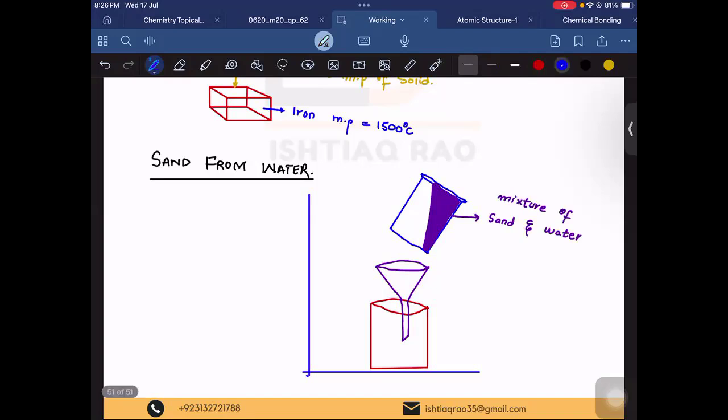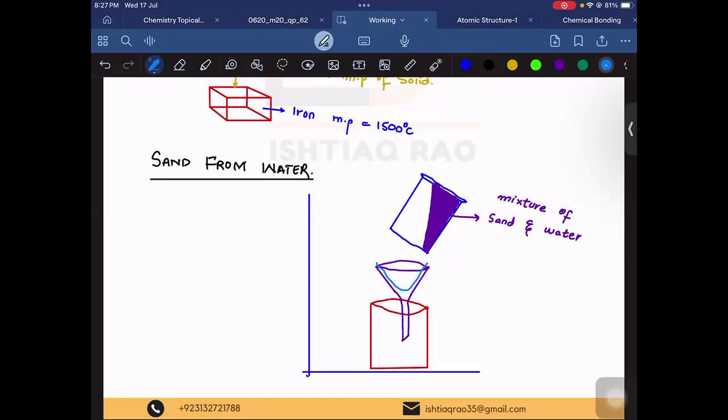Then I'm going to have a filter paper on it, just like this. This is a filter paper in the funnel.